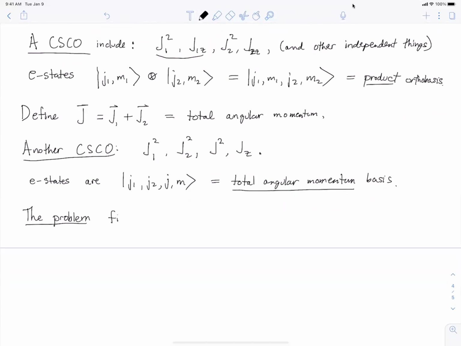So we want to find the coefficients in the following. There's some relation that says if I have a state in the total angular momentum basis, because that is also a basis, this must be a linear combination of the product orthobasis kets.